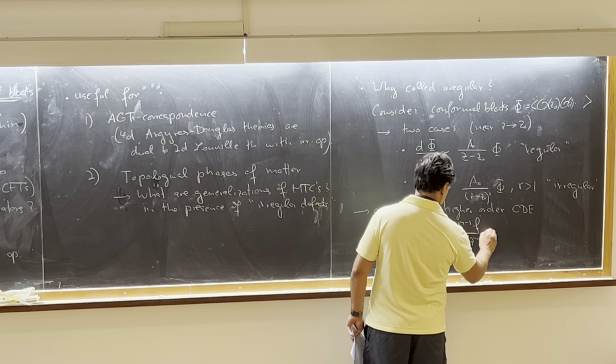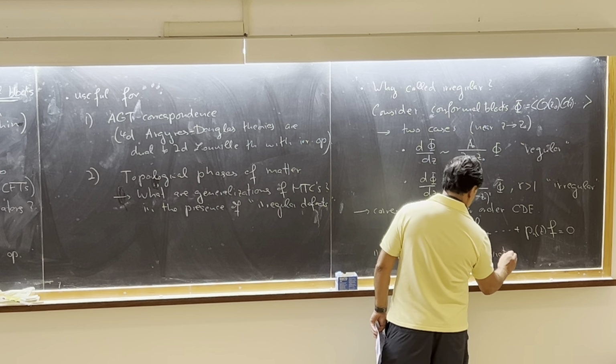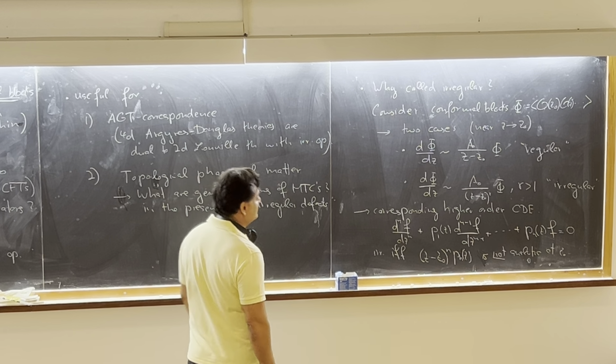And this is irregular if and only if z minus z0 to the n times pn of z is not analytic at z0. So these are the descriptions. This is basically first order, and one of the components will satisfy this higher order equation. This is how you characterize these irregular singularities from the point of view of these differential equations.